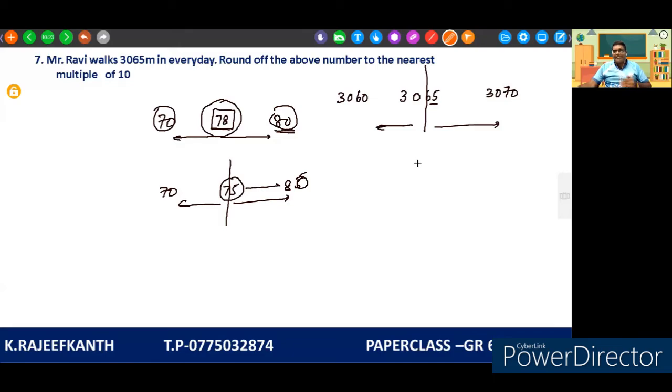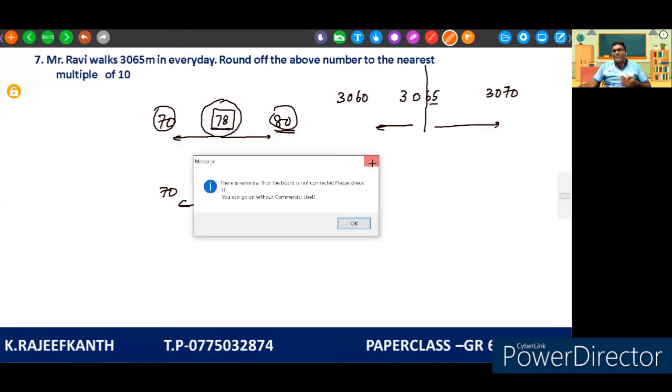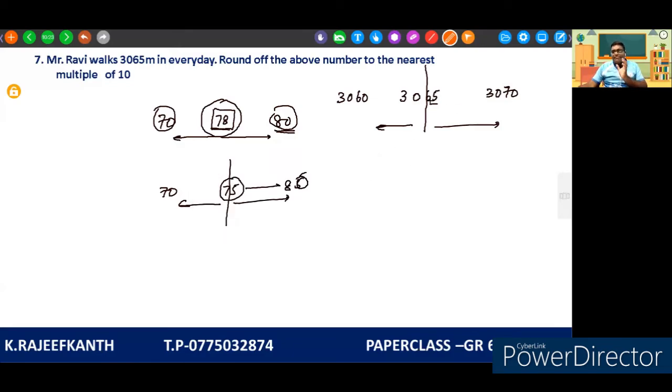But when we are rounding to the nearest multiple of 10, if it is the mid value of these two, we have to write this as 3070. So if you round this 3065 to the nearest multiple of 10, then we have to write 3070. Then question number 8.